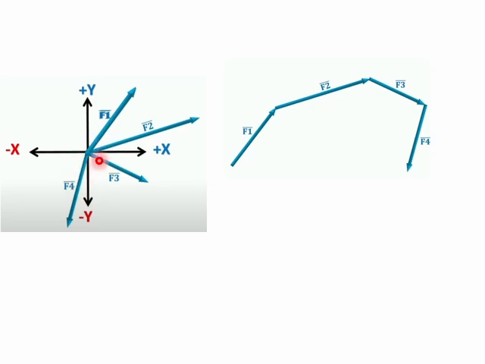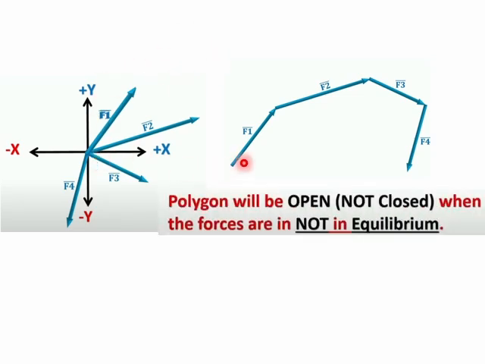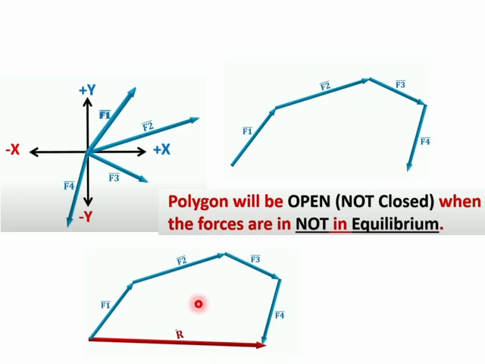So F1, F2, F3 and F4 are all the concurrent forces represented in this particular system of forces. This system is not in equilibrium because it is still open, and only once the system is closed will the forces be in equilibrium. This equilibrium can be obtained when we represent the closing side of the polygon in the opposite direction of the forces.